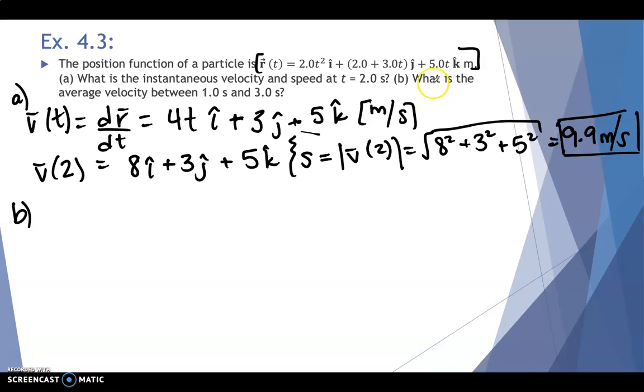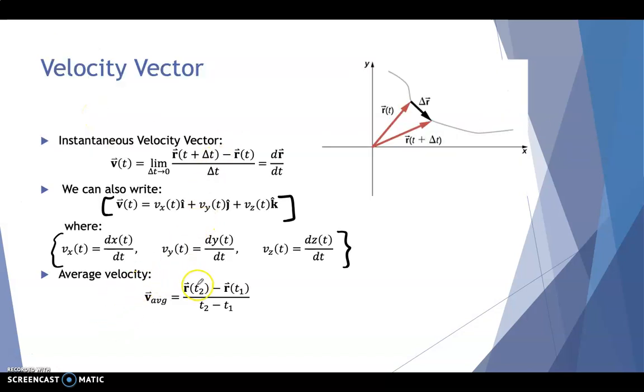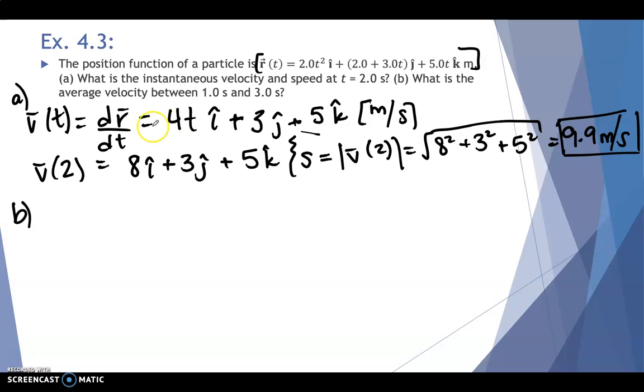All right, the next part of the question says, what is the average velocity between 1 second and 3 seconds? Now we have 2 different times, and we're trying to find the average velocity. So let's go back to our last slide and look at that definition. For average velocity, we're going to be using the position vectors to describe that.